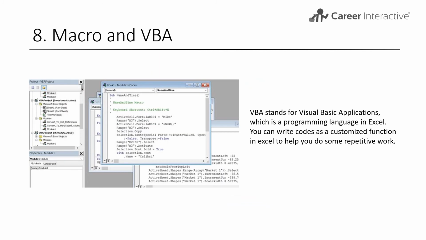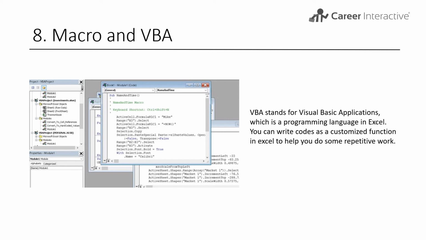So now we move to the last one, macros and VBA. VBA stands for Visual Basic for Applications, which is actually a programming language in Excel. You need to write code as a developer to create your customized functions in Excel to help you do some repetitive work and automate your working process.